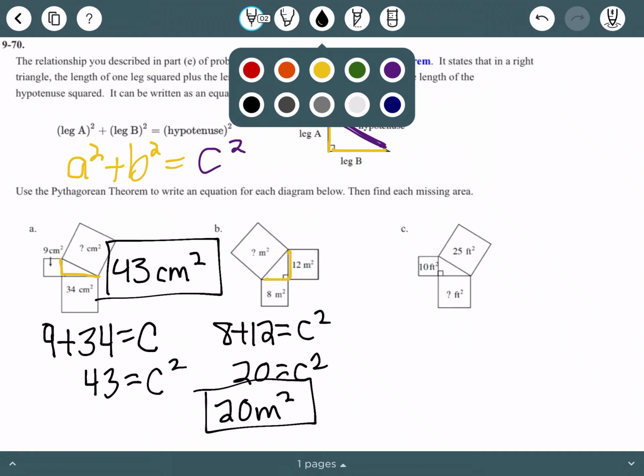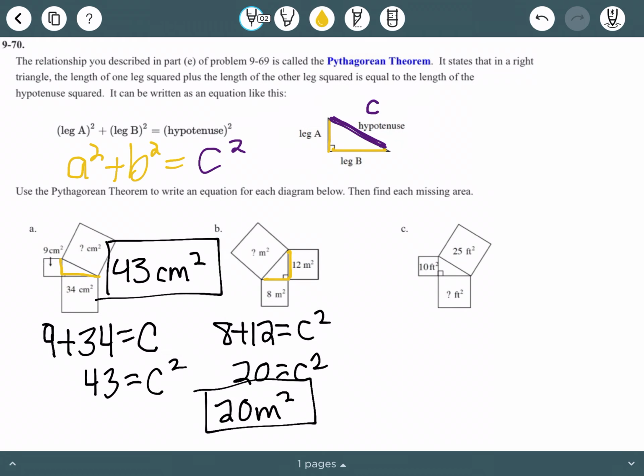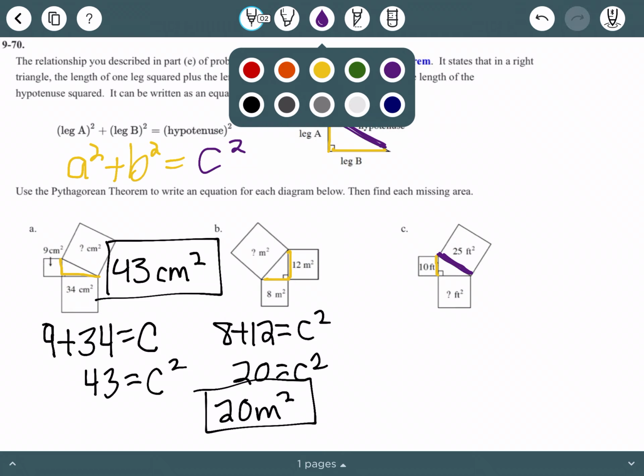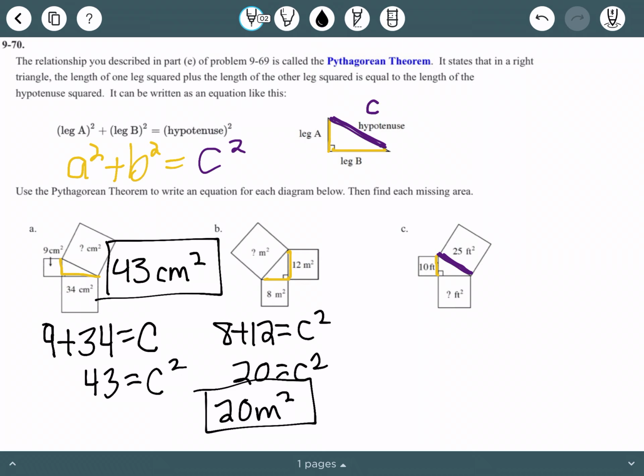Then finally, this last one, you've got to be careful with this one. So this one, you're going to hopefully notice that they give us an area of a square that shares a side with one of the legs. And then they also give us the area of a square that shares a side with the hypotenuse. So our equation is going to look a little bit different for this one.